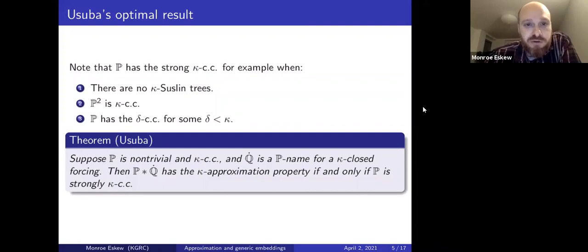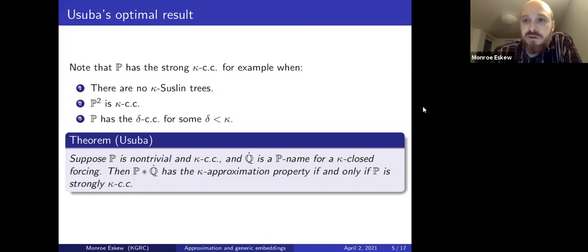The only if direction is the easier one, because Kappa Suslin trees do not have the Kappa approximation property. It's easy to see that they're both Kappa CC and Kappa distributive, so they don't add the generic branch, which is something that's Kappa approximated, but not a member of V, of course.